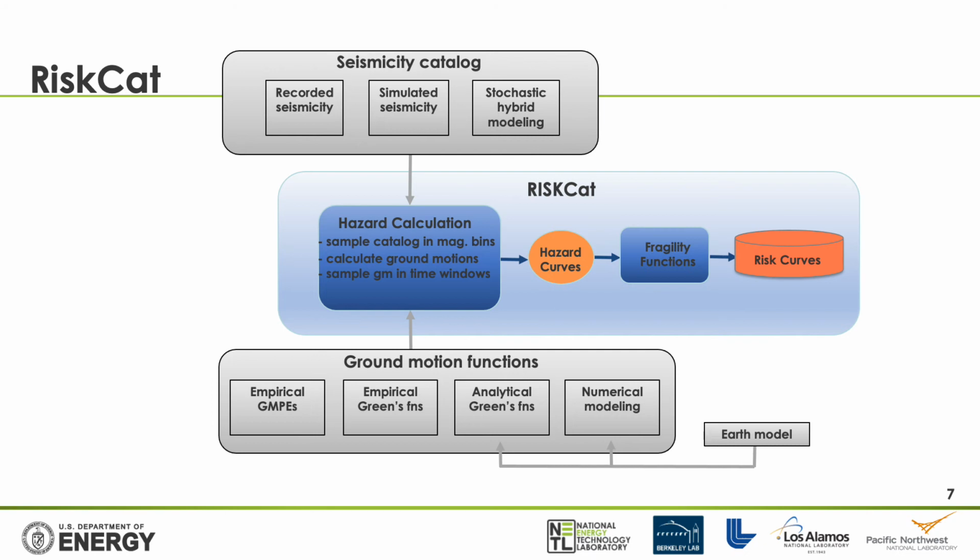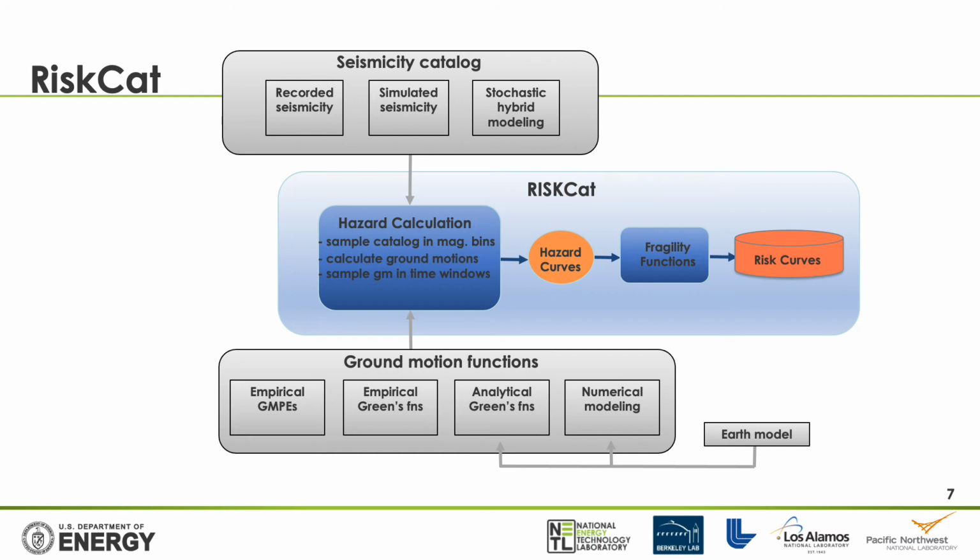Another element, though, is ground motion. Given an earthquake of a certain magnitude at a certain depth and in a certain region, we need to be able to predict what sort of ground motion we may expect at the surface. Because ultimately, people don't care about earthquake magnitude, they care about ground motion.